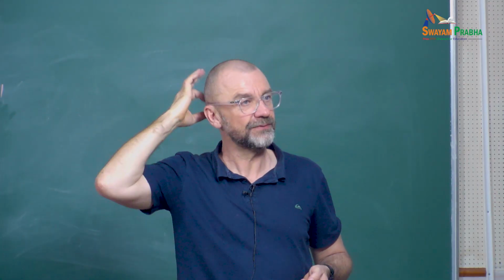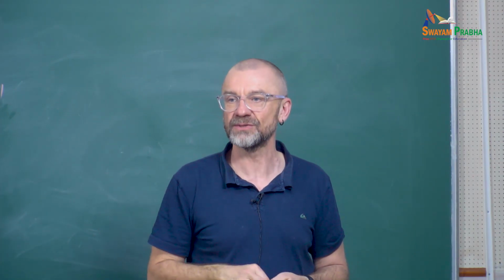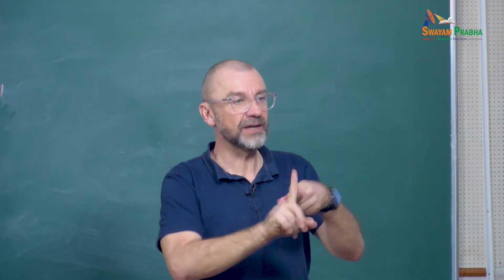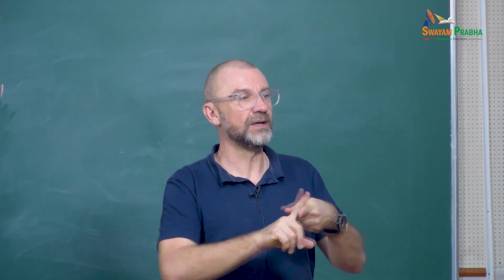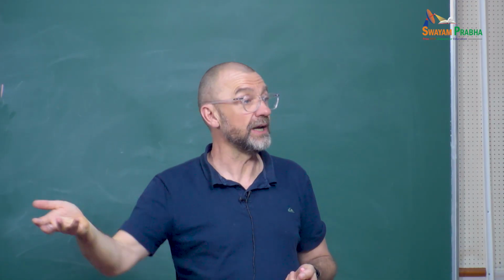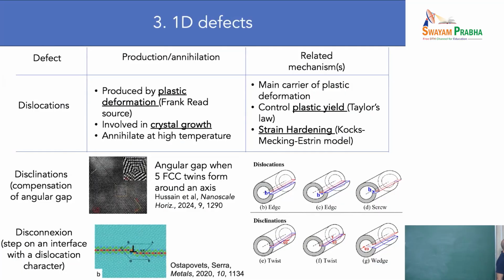And if they multiply, what will happen in the crystal? The dislocations will block each other, and so that will harden the crystal. So the dislocations are related to strain hardening, right? They are produced by plastic deformation, the Frank-Read source. They are also involved in crystal growth.